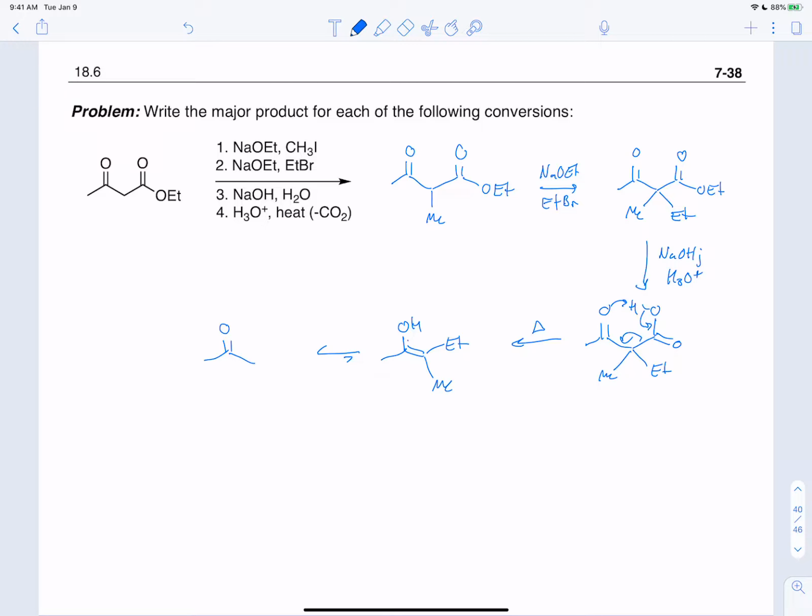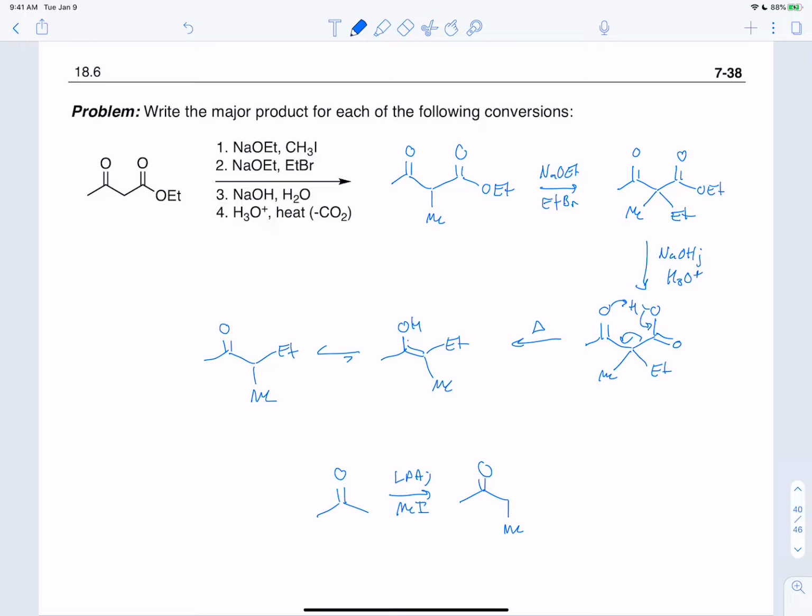So now you can potentially see maybe a strategic advantage of this chemistry. If you wanted to try to make this compound from acetone, that'd be a very difficult thing to do. So if we try to use something like LDA, that's going to result in quite a bit of challenges. So LDA plus acetone followed by something like methyl iodide will be fine for making a ketone that has a single substituent on it.